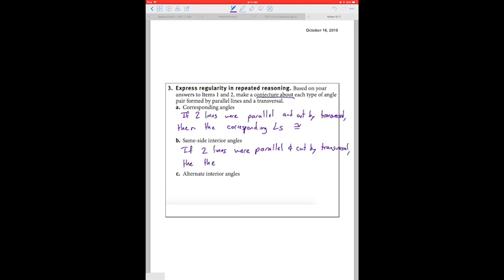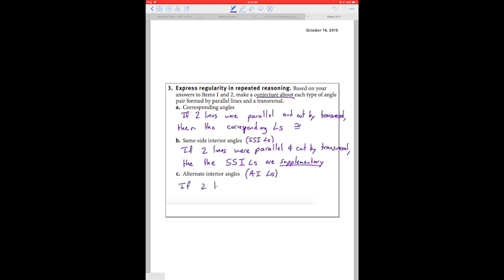then the same side interior angles are supplementary. I'm just spelling this out so we can see it, right? And then our alternate interior angles.